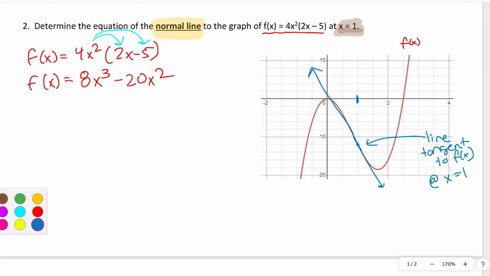Okay, what I mean by that is that the normal line is going to look something like this. Maybe I'll use a different color because our curve is red here. So I'm going to use green, and I'm just estimating here. This is just a sketch. It's not going to be perfectly perpendicular, but that's what we're going for. So this is what we mean by the normal line.